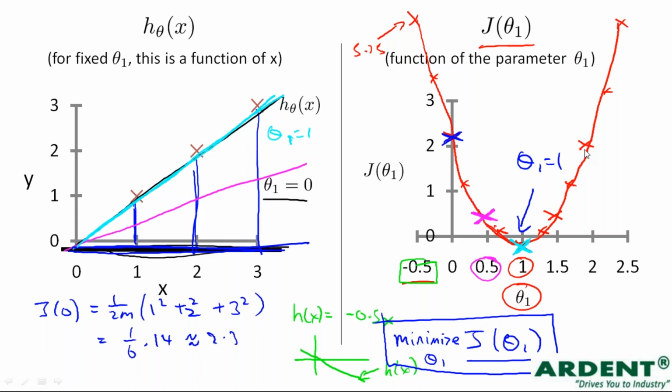Got it, Rohit? Yes, sir. Because this is linear regression using one variable, we can get only this shape, not the other one.